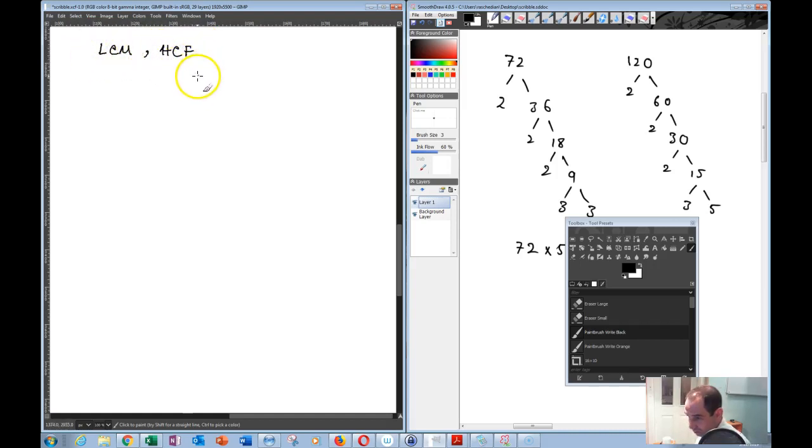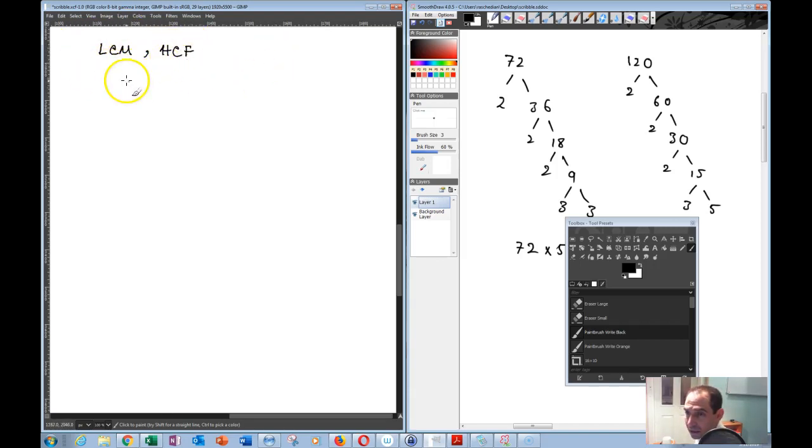Basically these two concepts are very important, very useful concepts in mathematics. You can use them in many different situations once you understand what they actually are. And to give you a little bit of background as to what LCM or HCF is.